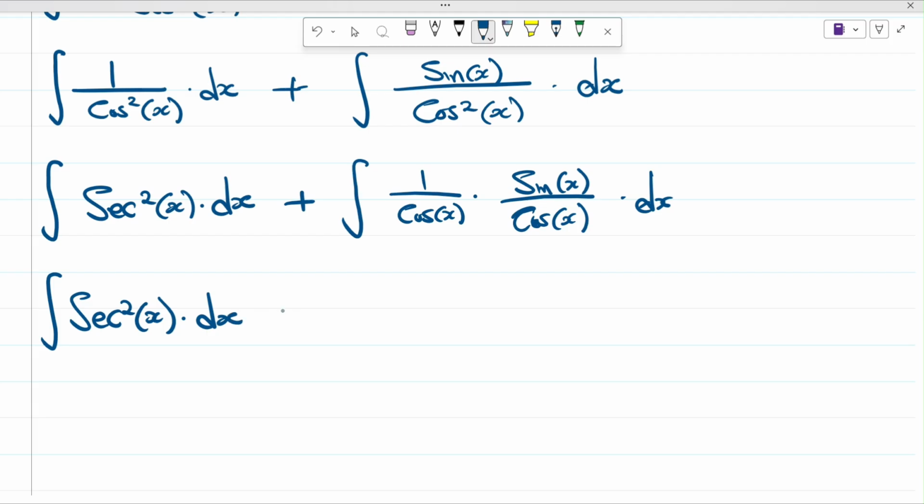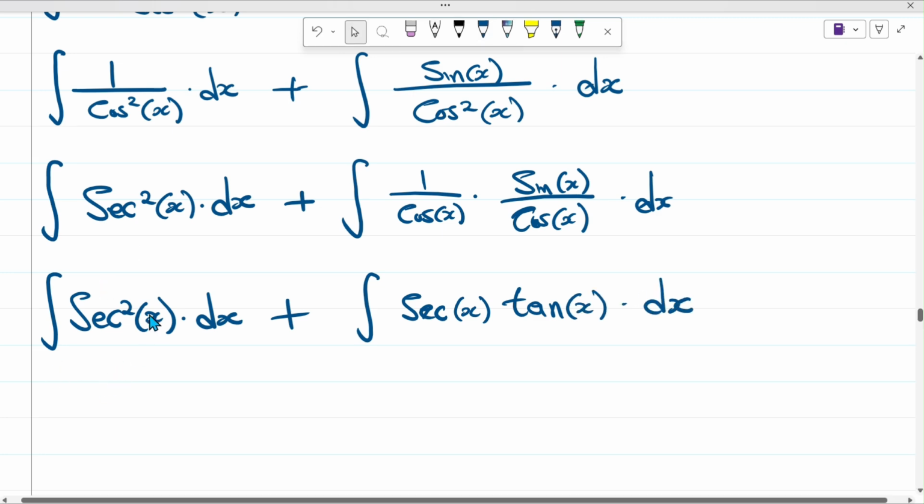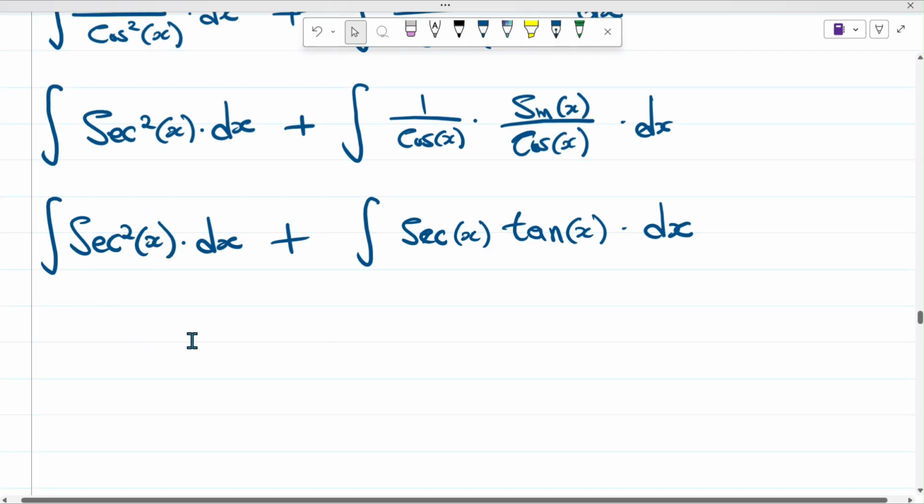So dx plus, 1 over cos, what is it equivalent to in terms of its reciprocals? It's going to be equivalent to sec, right? So we're going to get sec of x, and then sine over cos is equivalent to tan of x, and then dx.